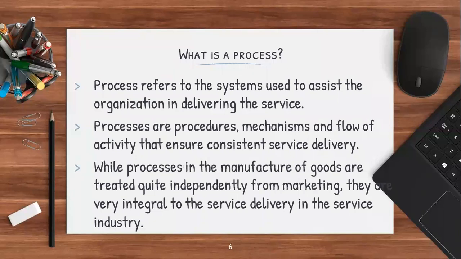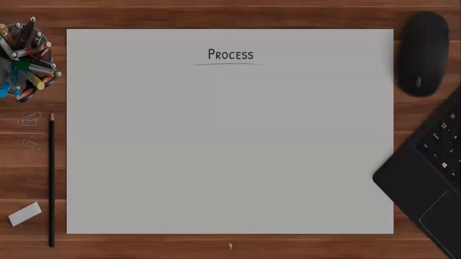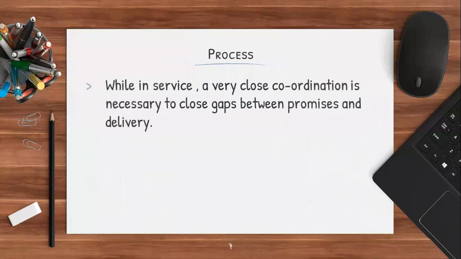While processes in the manufacture of goods are treated quite independently from marketing, they are very integral to the service delivery in the service industry. Now, in service, a very close coordination is necessary to close any gap between the promises and the actual delivery.